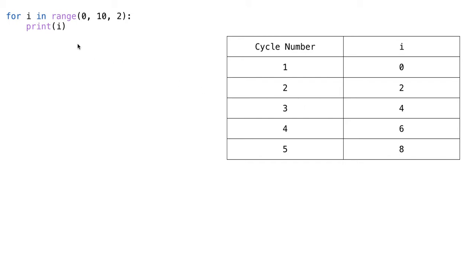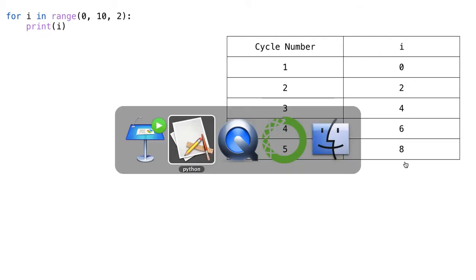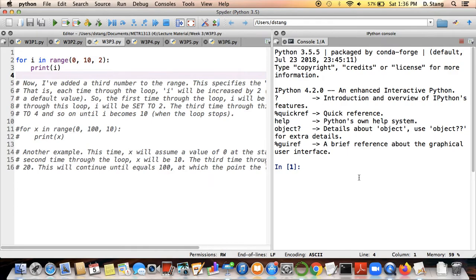Based on the logic we've deduced from this table, if we're telling the computer to print out the value of i after going through every single cycle of the loop, then if we were to run this program as it is right now, we should expect it to print out 0, 2, 4, 6, 8. Let's see if that's what we in fact get when we tell Python to run this.